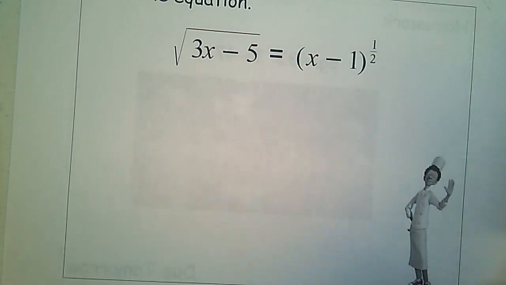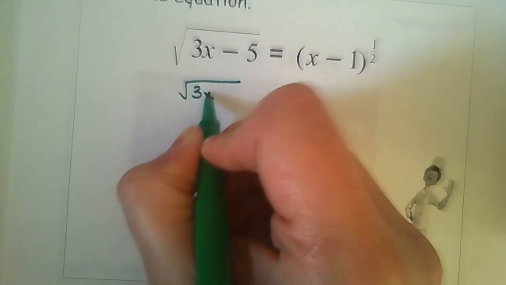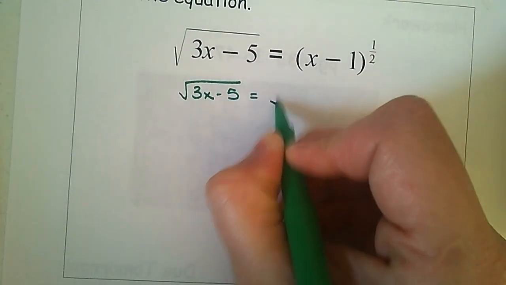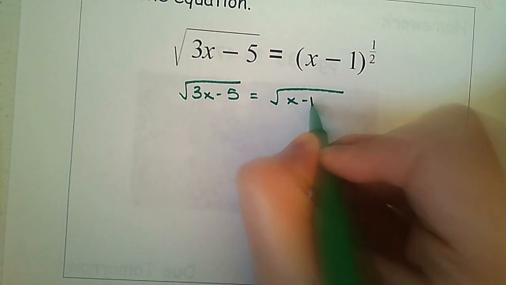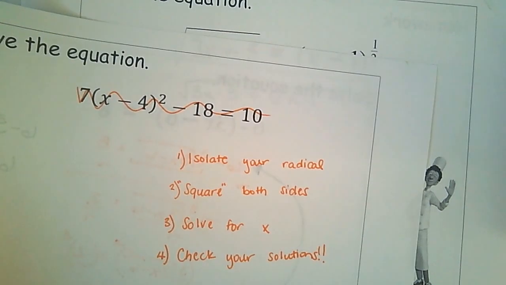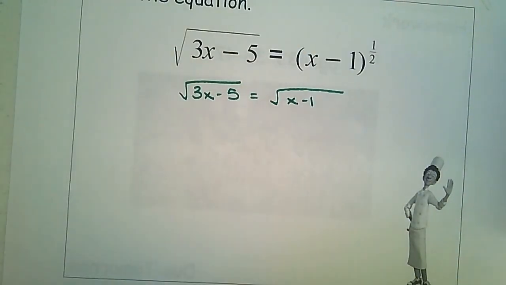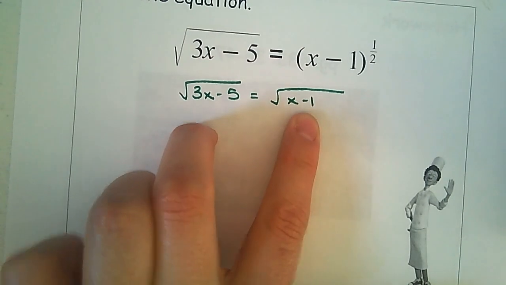All right. So again, 1/2 power. Another way we can write that 1/2 power is just as a square root. So I'm just going to rewrite this quick. And now our first step was always to isolate our radical. Notice these ones are going to be different because we have radicals on both sides.